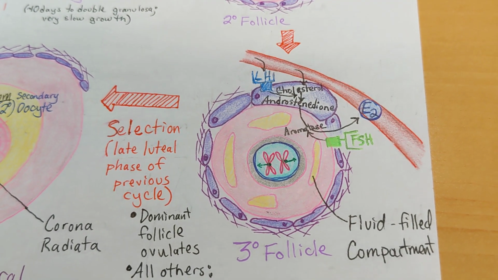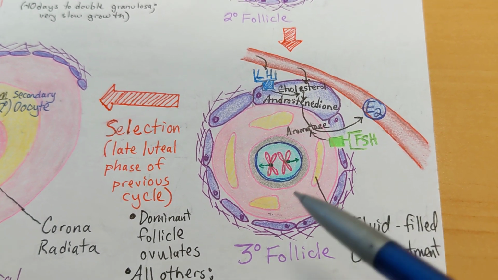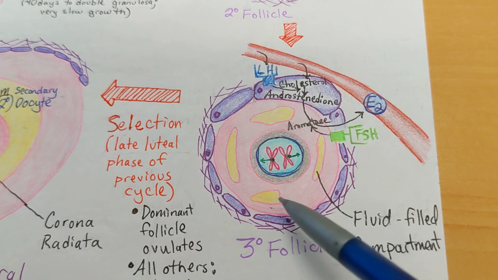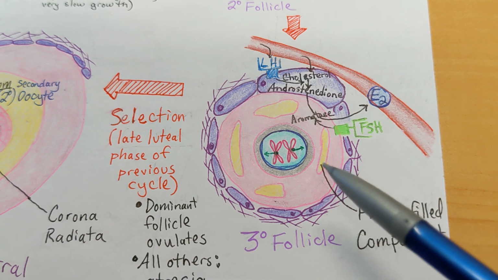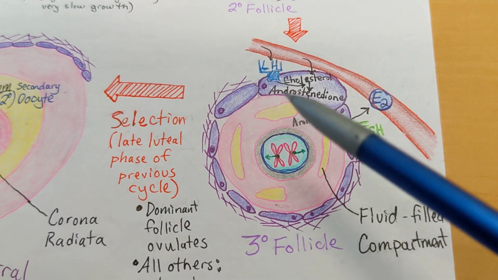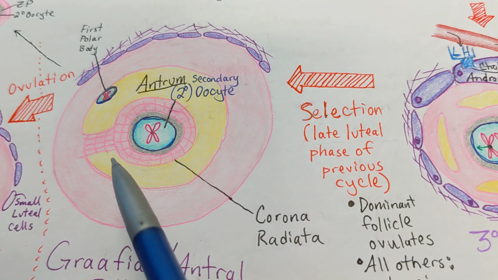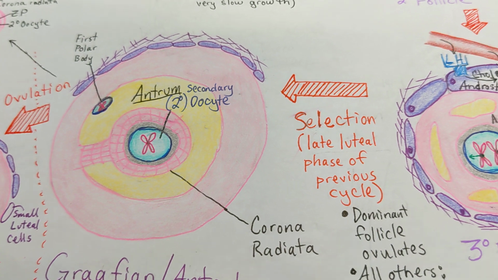Now, the granulosa cells have changed since this was a secondary follicle. Specifically, they have started to secrete a fluid into little pockets in between them. And so what you start to see is these little fluid-filled compartments. Right? And over time, you're going to get more and more of those until ultimately they're all going to fuse together to form one big cavity, which we call the antrum. Right? We're going to get there.